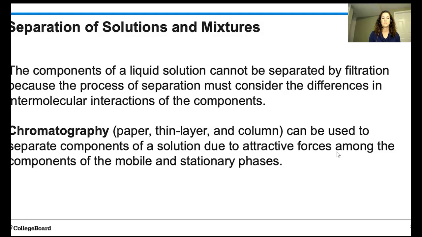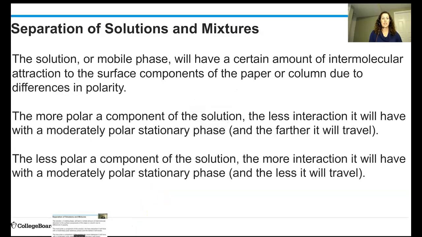So we're going to look at this. The solution, or the mobile phase, will have a certain amount of intermolecular attraction to the surface components of the paper column. This is all based on intermolecular force, right?